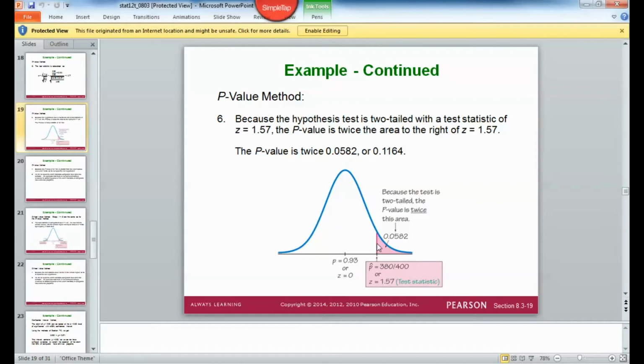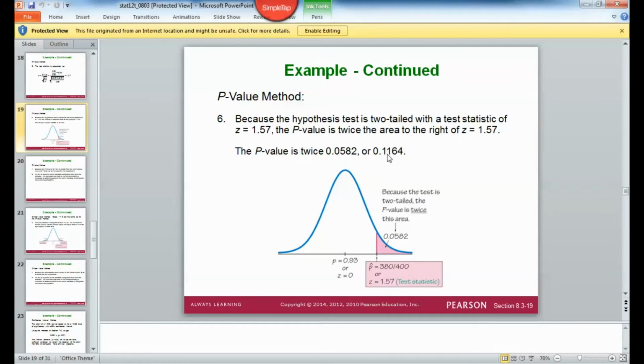If you look that up in our table, since our tables are left to right, we'll get all this area right here. And so you'll need to say 1 minus all this area right here, and that'll give you this area right here. Once you have this, you should have 0.0582, and you say twice that. That's the p-value.